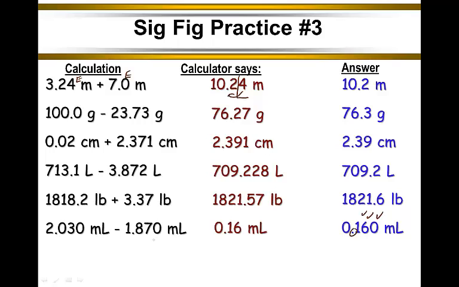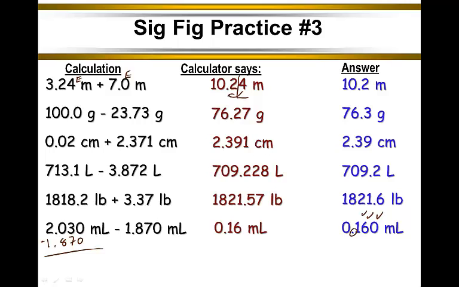Take a look at the 2.30. You go to the 1,000th place, right? If you write it out like that, it's a little bit easier to see. And the 1.870 goes to the 1,000th place. So your answer must go to the 1,000th place.